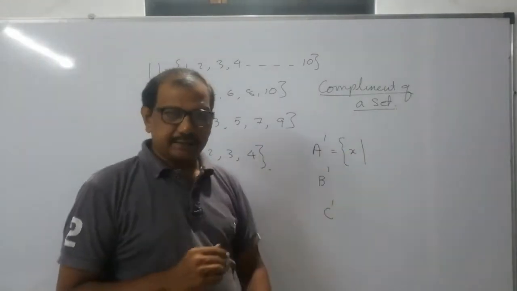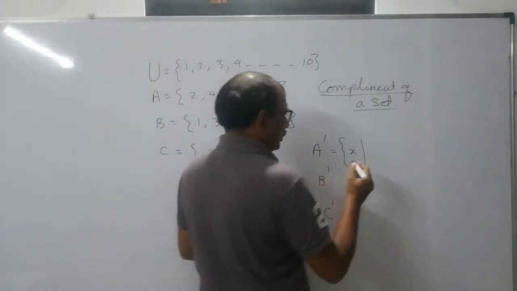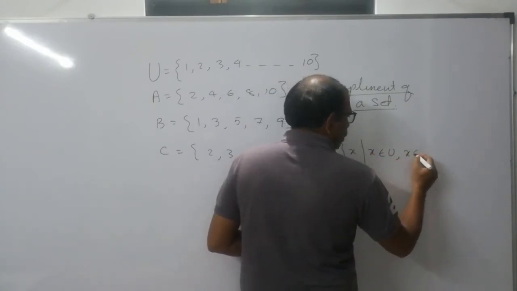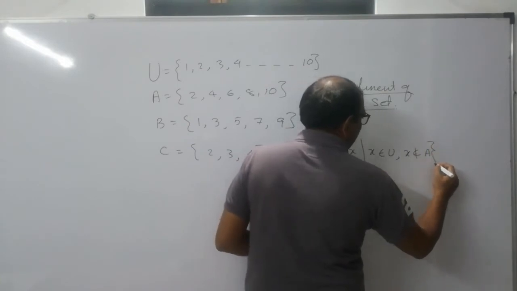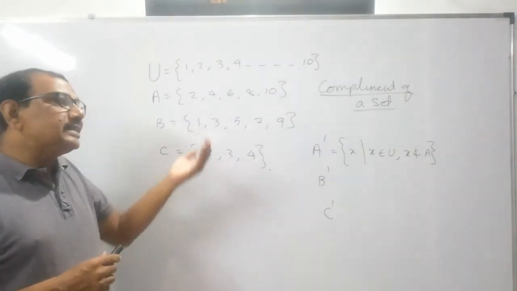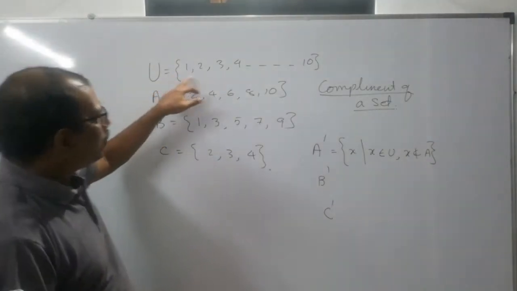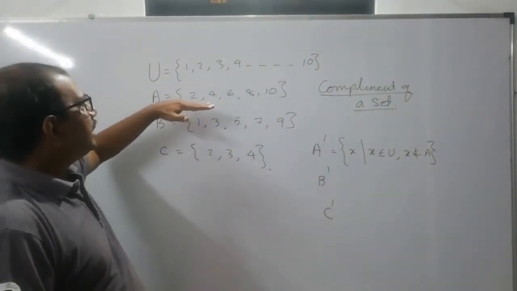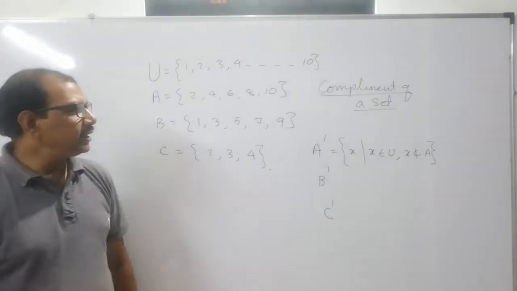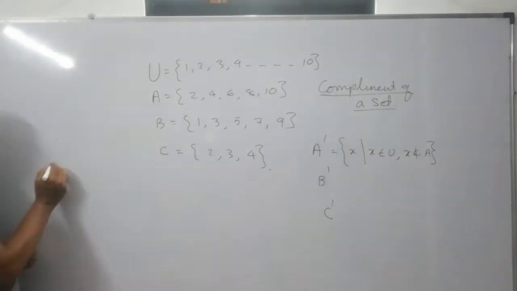Set of elements x. x such that x belongs to U, and x does not belong to A. It means x should be in U, but it should not be in the set whose complement we are finding. So all the elements of U which are not there in A, that means leaving out 2, 4, 6, 8, 10, whatever other elements remain, that will be A complement. I'll write it down.